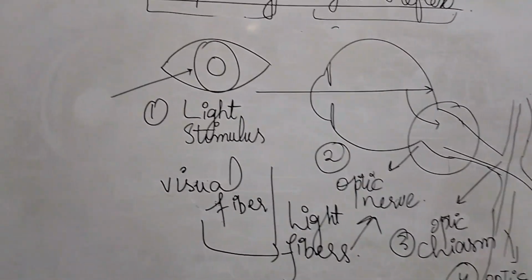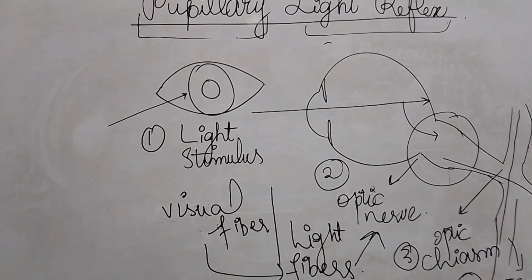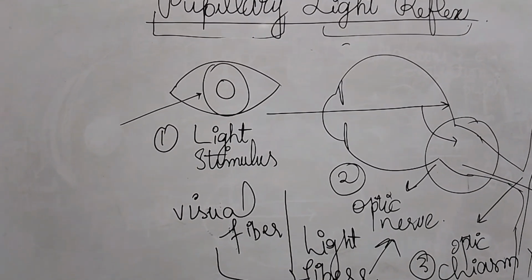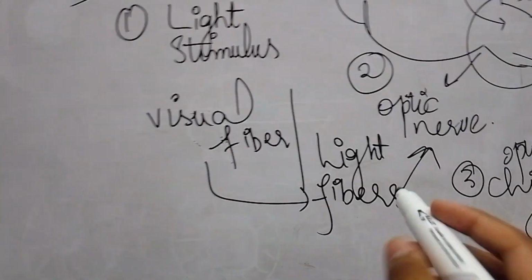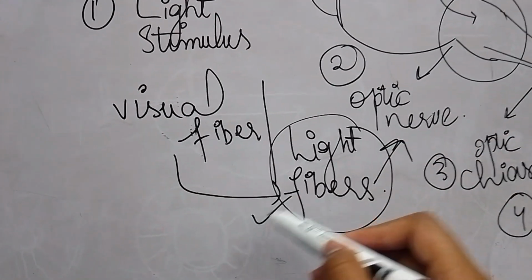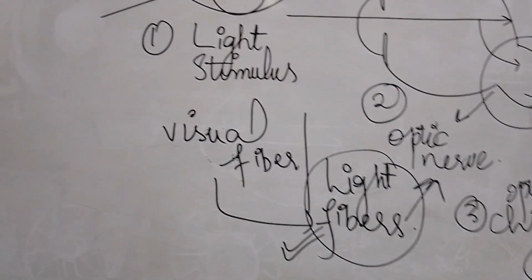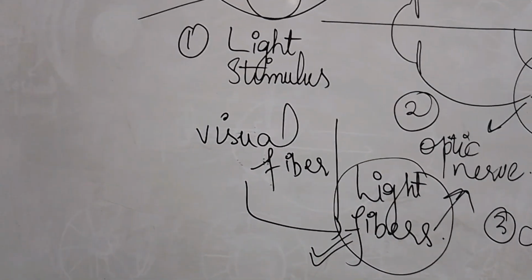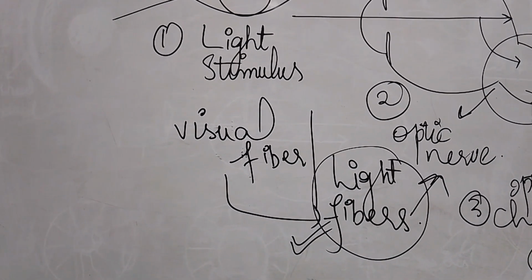We are discussing the pupillary light reflex and not the visual pathway. The light reflex pathway is the one where the light fibers tell or inform the eye that light is entering, so how much light should be regulated, how much light should enter.